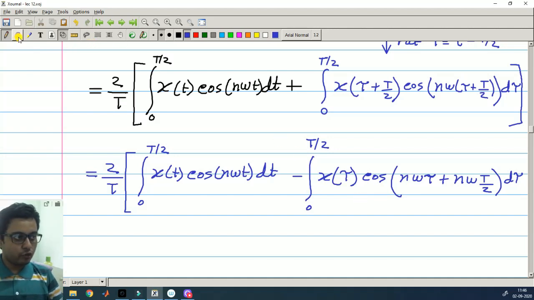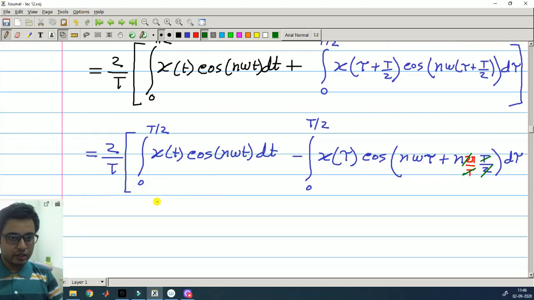Now in place of omega I will put 2 pi by T, so that this T cancels, 2 cancels. Then this is cosine n pi plus n omega tau.